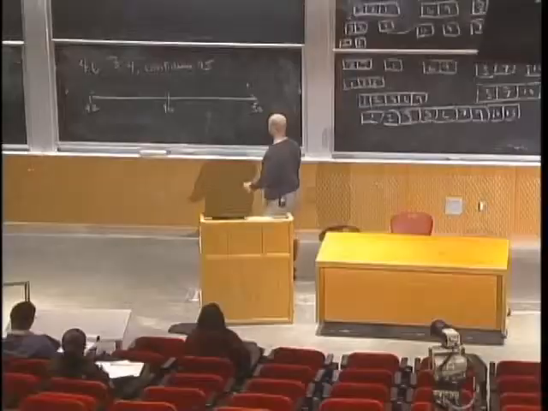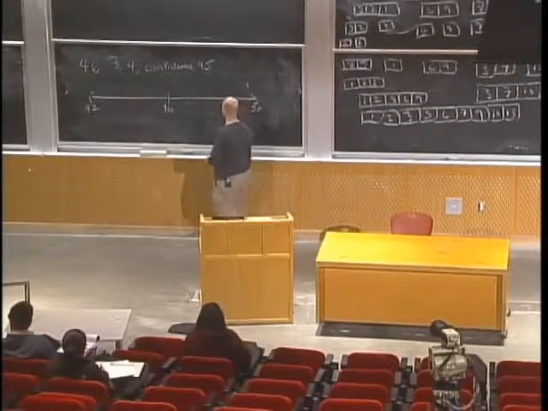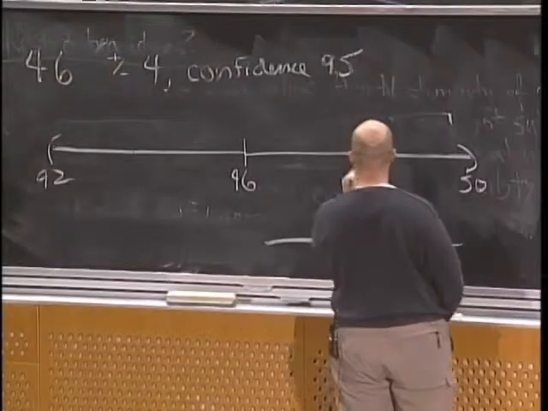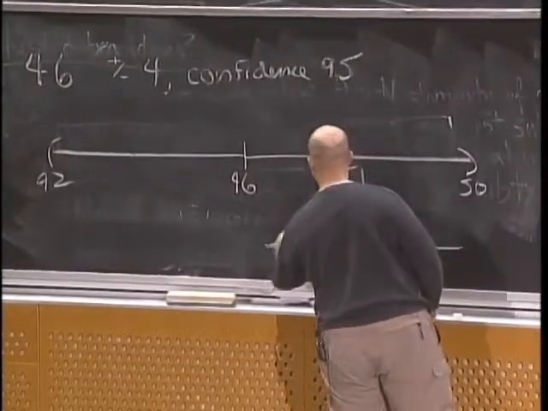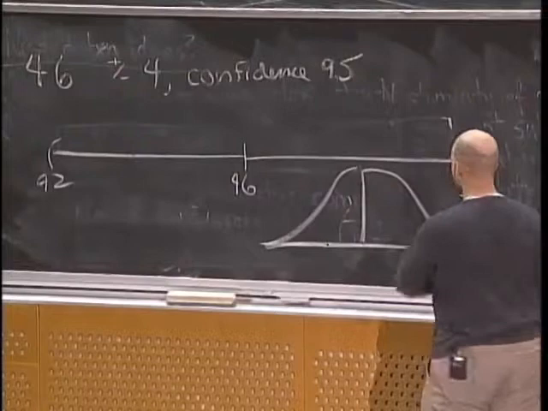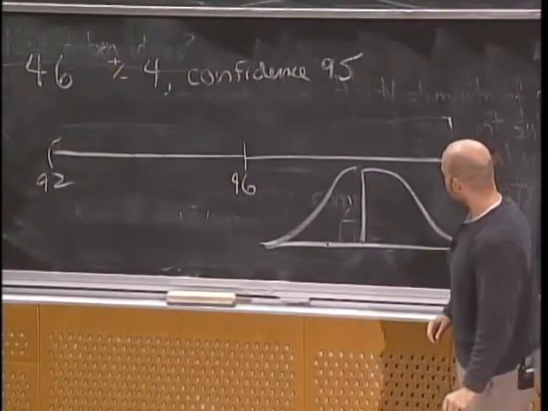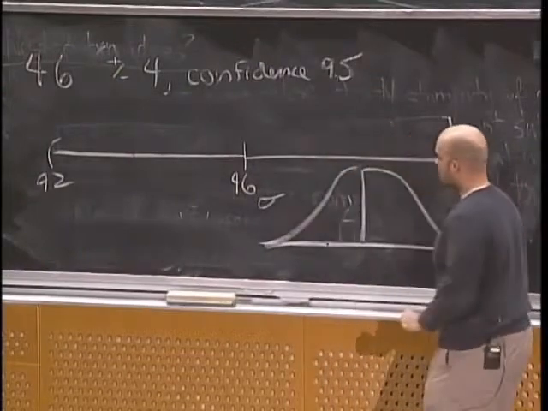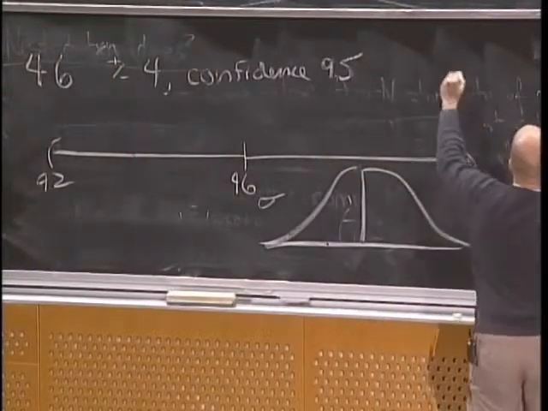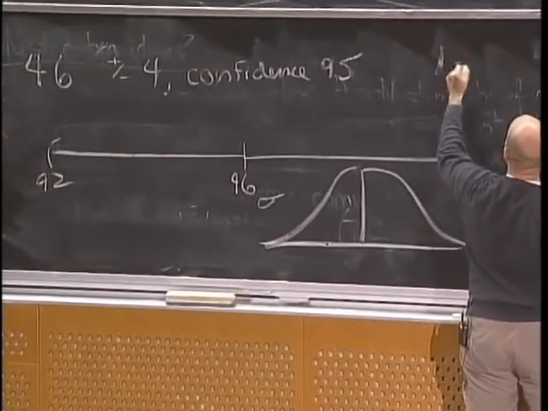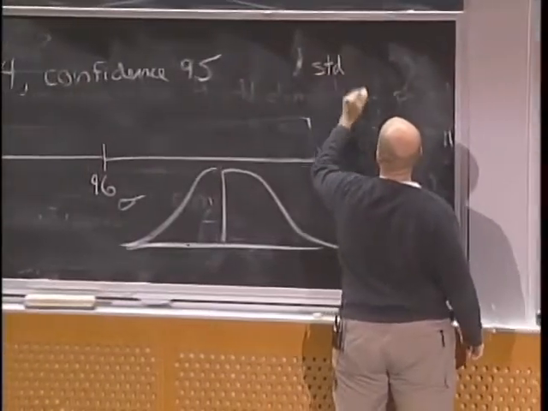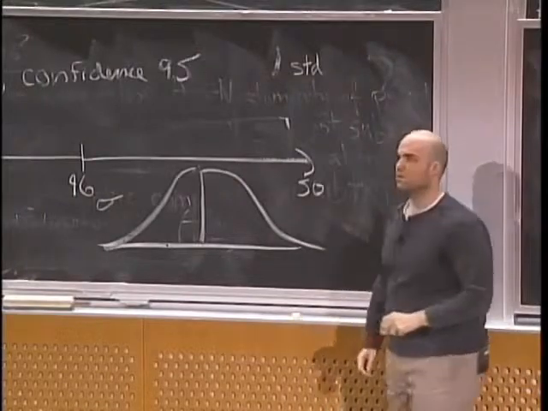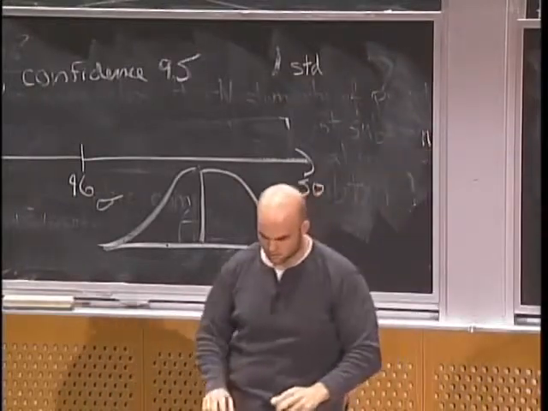The other thing you need to know is that if you have a normal distribution with a standard deviation sigma, then one standard deviation from the mean is going to have, is it 66 or 67?